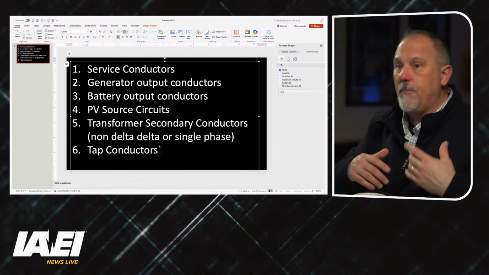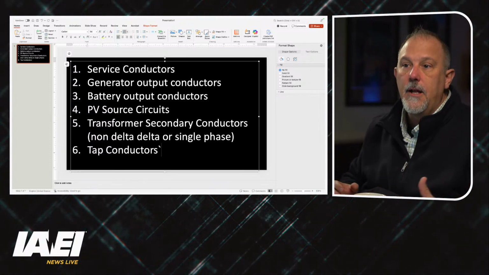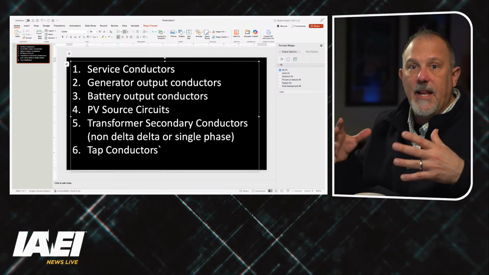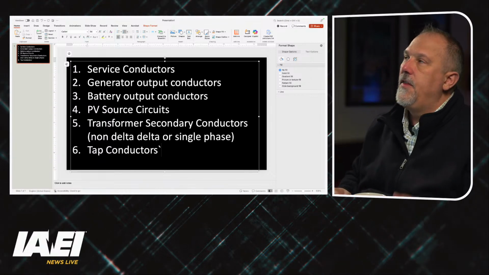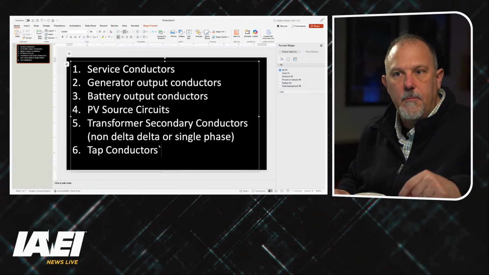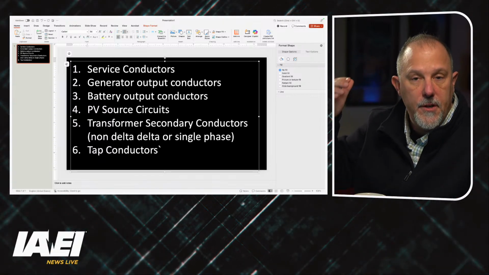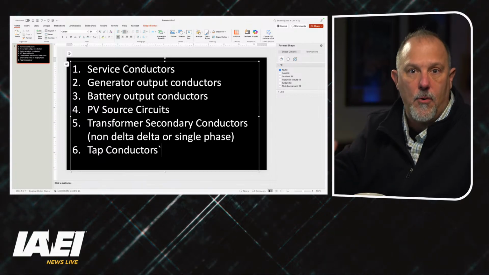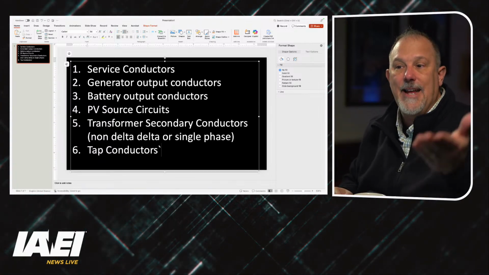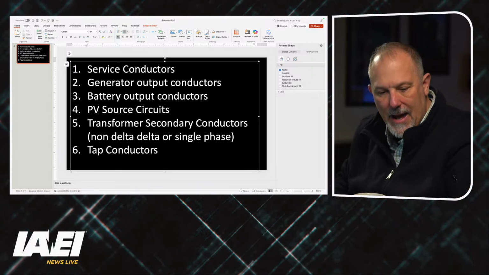Batteries, I may not be generating, but I'm discharging stored energy. My PV source, I'm generating it from the sun. Transformer secondary conductors, I'm not generating it, but they are unprotected conductors, and the power distribution system, as long as it is on, is delivering power through those conductors. Tap conductors, same way.